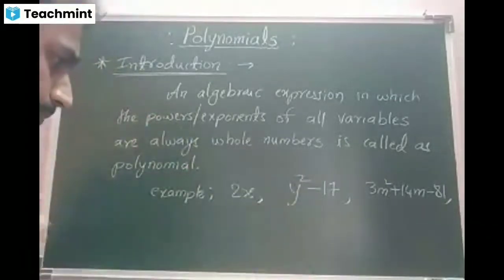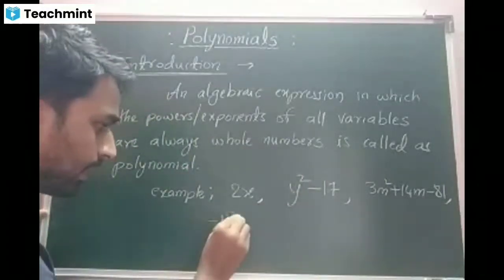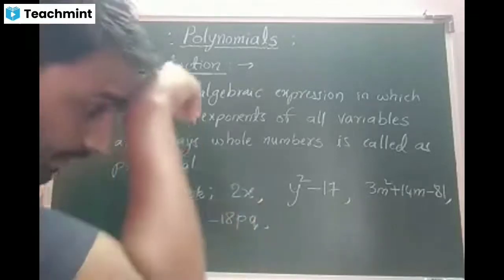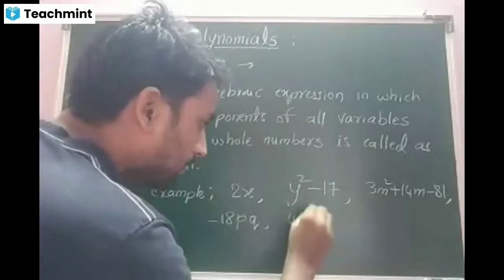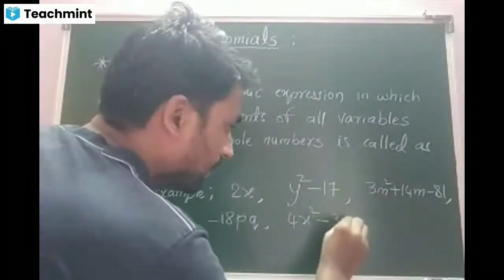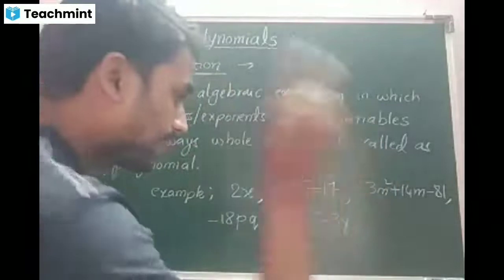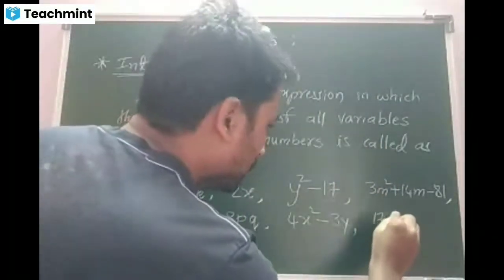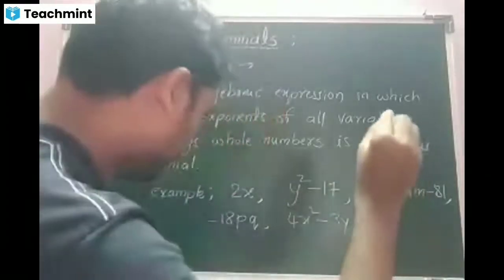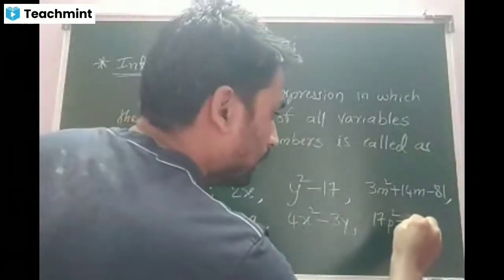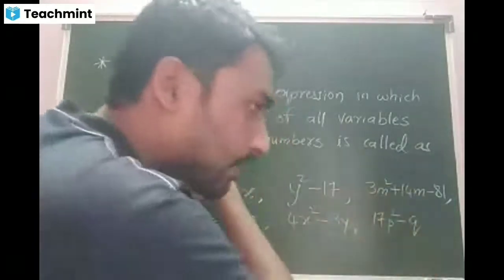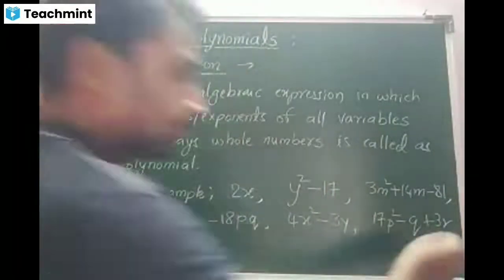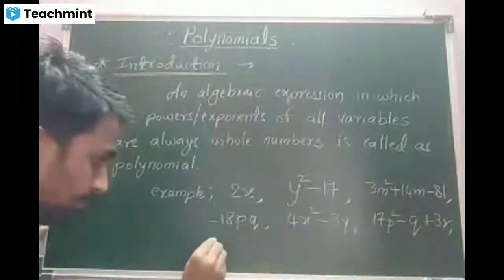Let us write a few more: minus 18PQ. Then I'll write 4x square minus 3y. Then let me write one more, 17p square minus q plus 3r, etc.